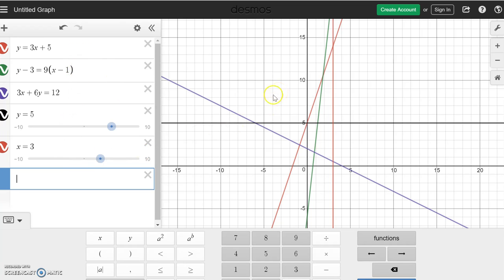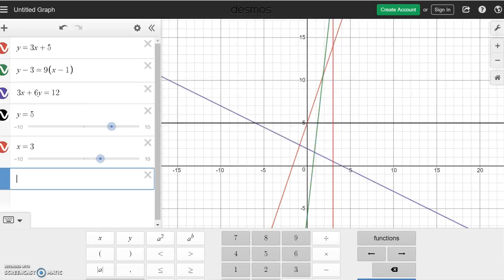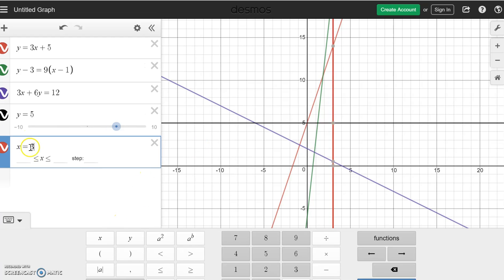And if I went back to my equation that I said was nonlinear, what made it exponential is the fact that there was a variable in the exponent. So I want you to ask yourself, if you look at all of these equations that I just graphed, what do you notice about exponents here?